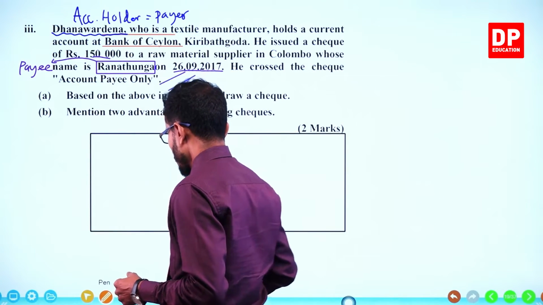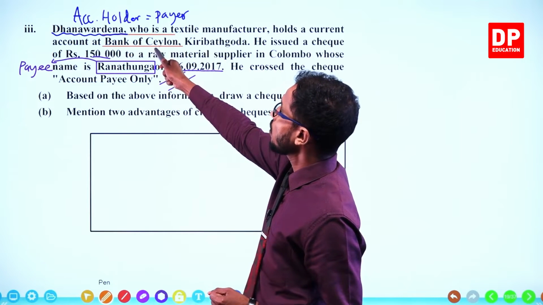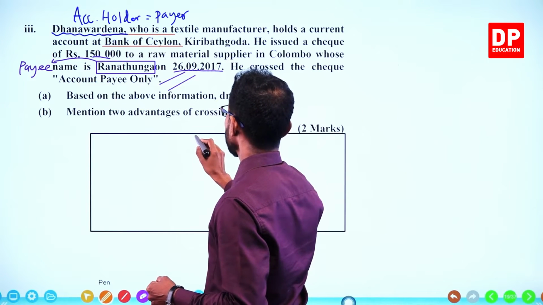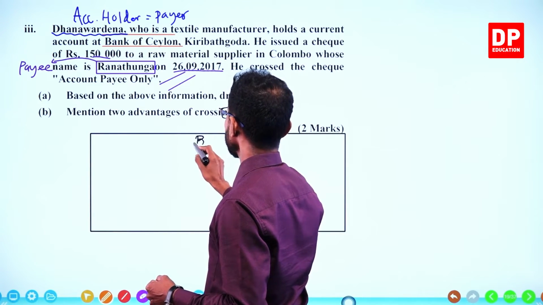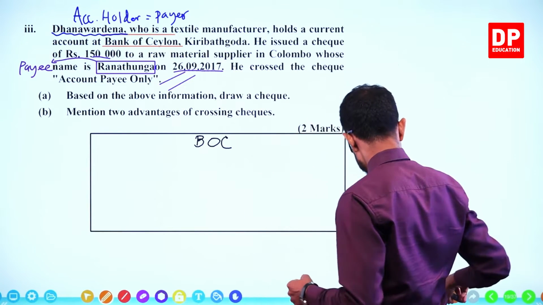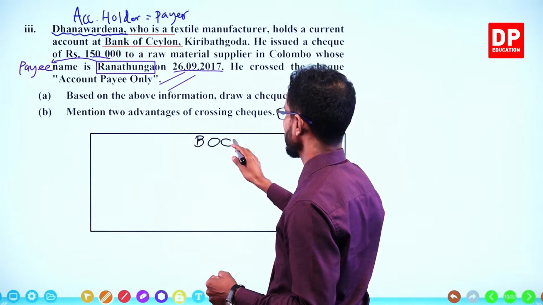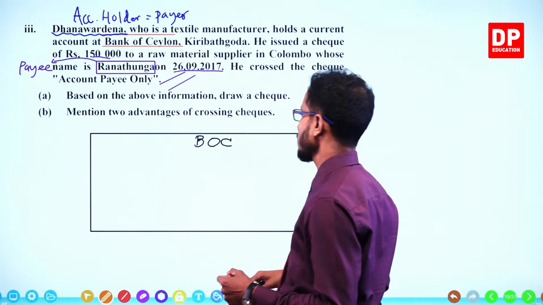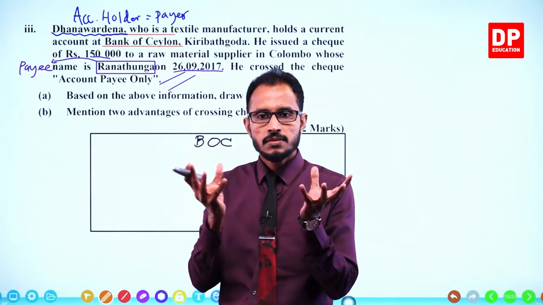The check is from Bank of Ceylon. So on top, the BOC name should appear, with the BOC logo.